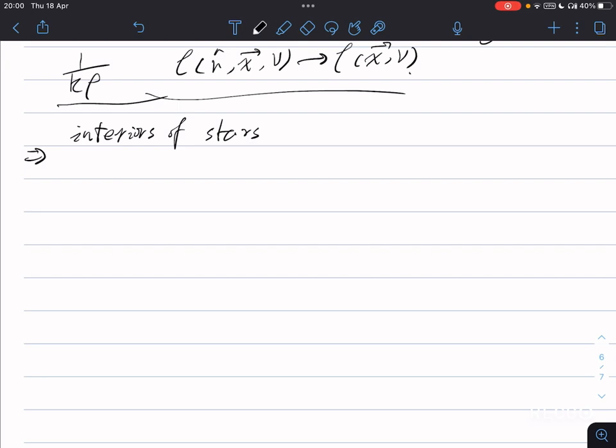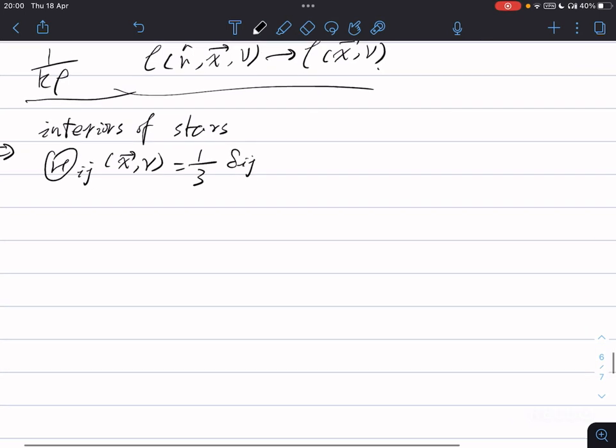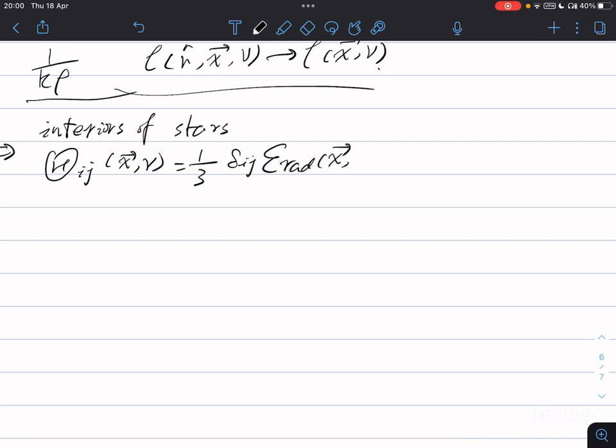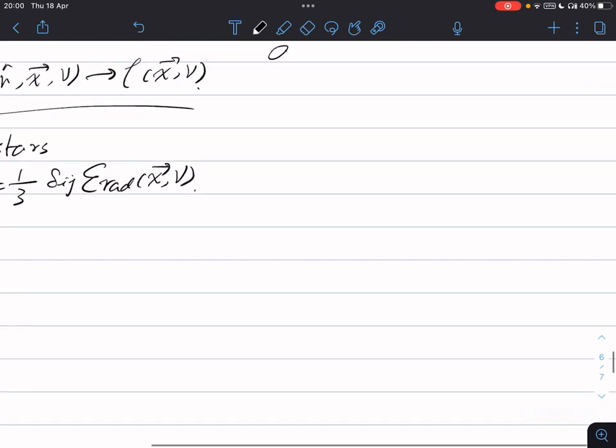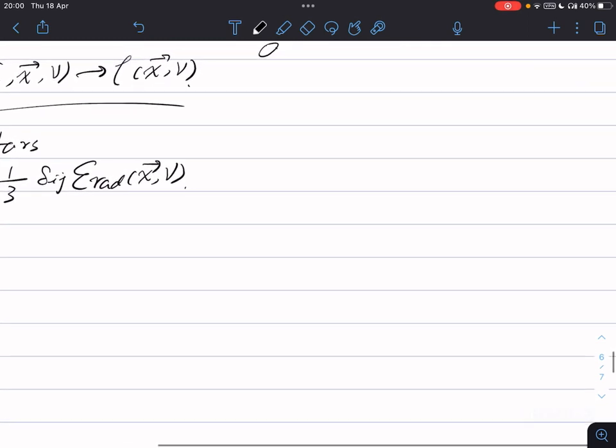We'll have capital Theta_ij x nu equals 1/3 delta_ij radiation x nu. Notice another mathematical trick here.